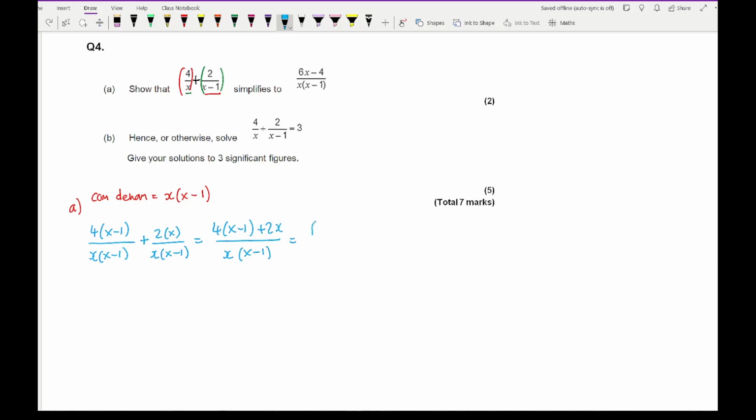Expanding the brackets on the top then gives me 4x minus 4 plus 2x all over x minus 1. And then the numerator simplifies to give me 6x minus 4 over x minus 1. And there I've showed what it simplifies to.